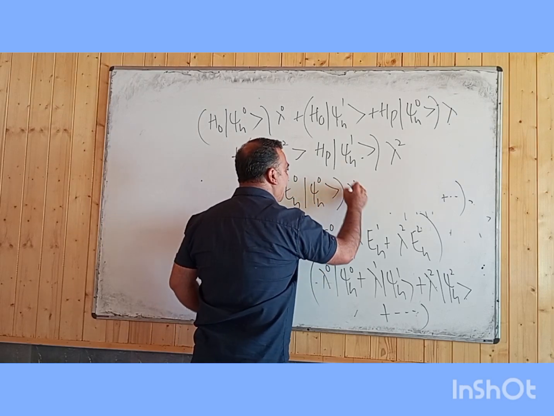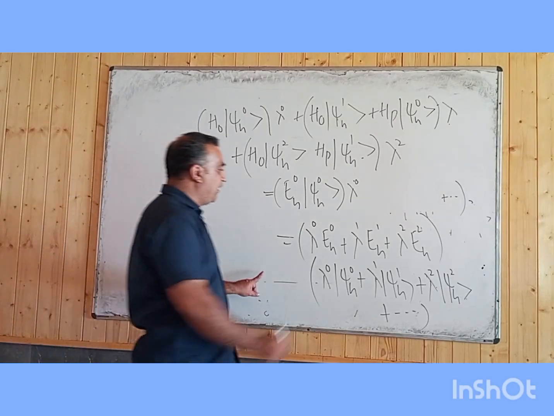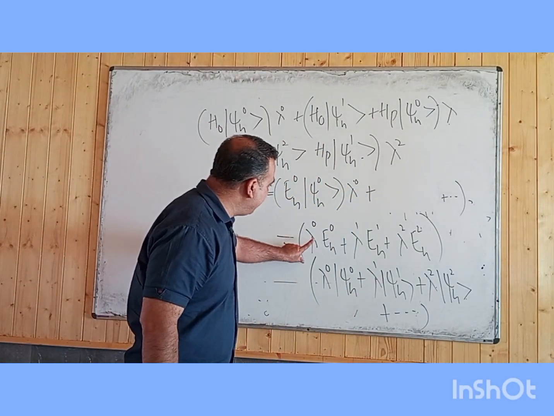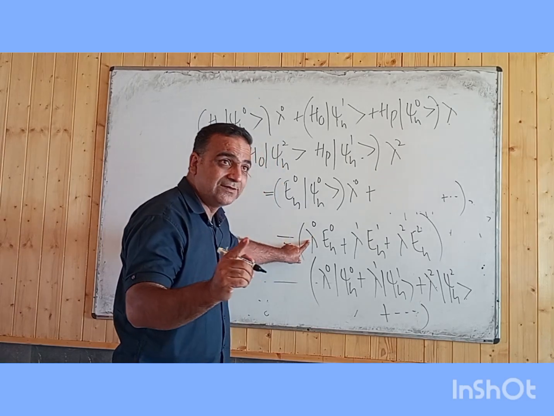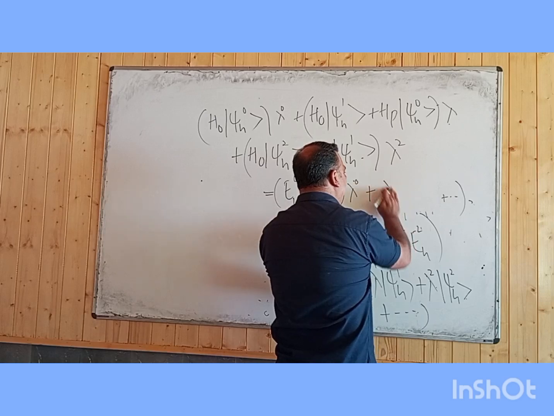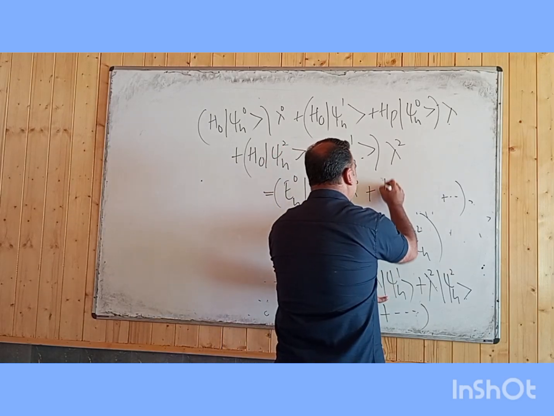So what will it be multiplied by? Lambda naught. Am I right? Now look for the lambda. This and this will give me what? I will not write lambda first. Okay, this is E n naught psi n 1.